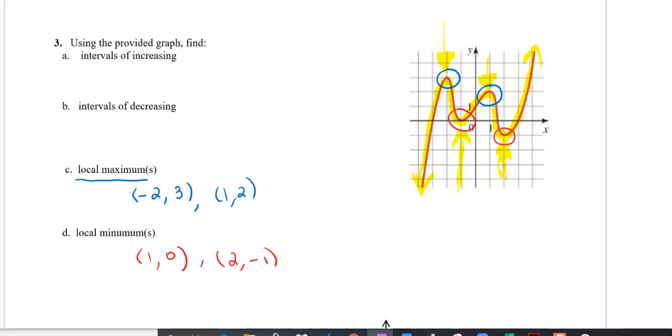So like we said, as we go from left to right, starting from -infinity, the function is increasing up to that x value of the first local maximum, which was at -2. And then it becomes decreasing, and then it starts to increase again at x equals -1 all the way up to 1.